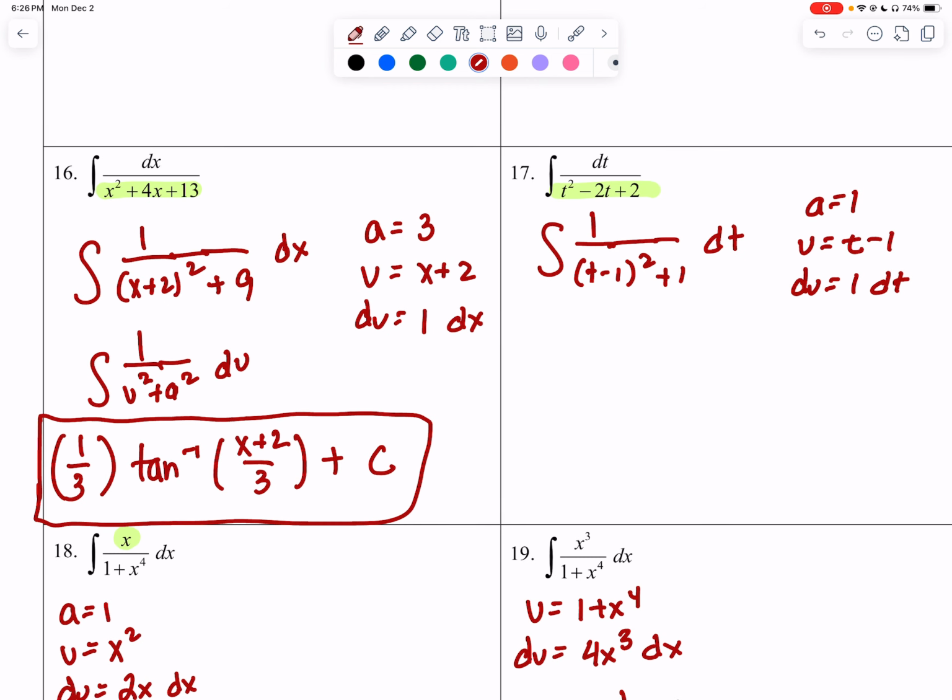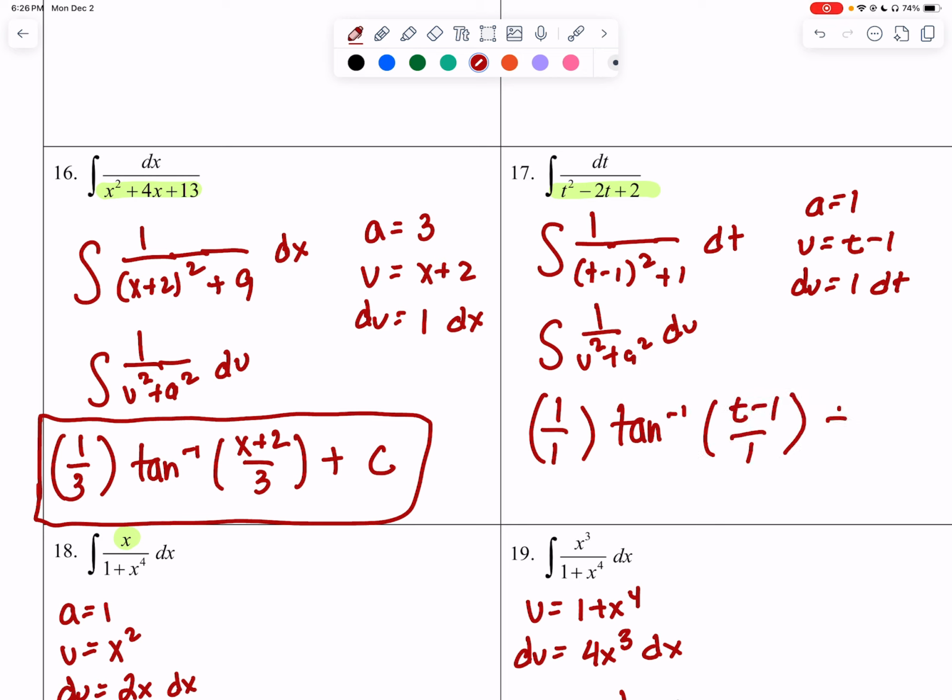So then I have the integral of 1 over u squared plus a squared. We know that's going to be inverse tangent, so I have 1 over 1 inverse tangent of (t minus 1) over 1 plus c. So inverse tangent of t minus 1 plus c.